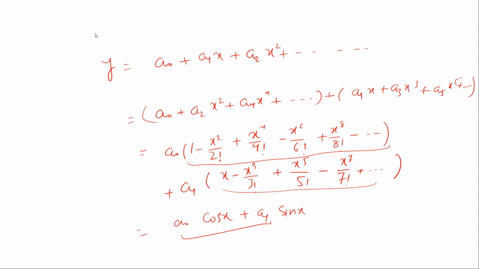So hence we were just cross-checking our solution by using the power series method. But the next problem which we are going to see is only possible by using this power series method.